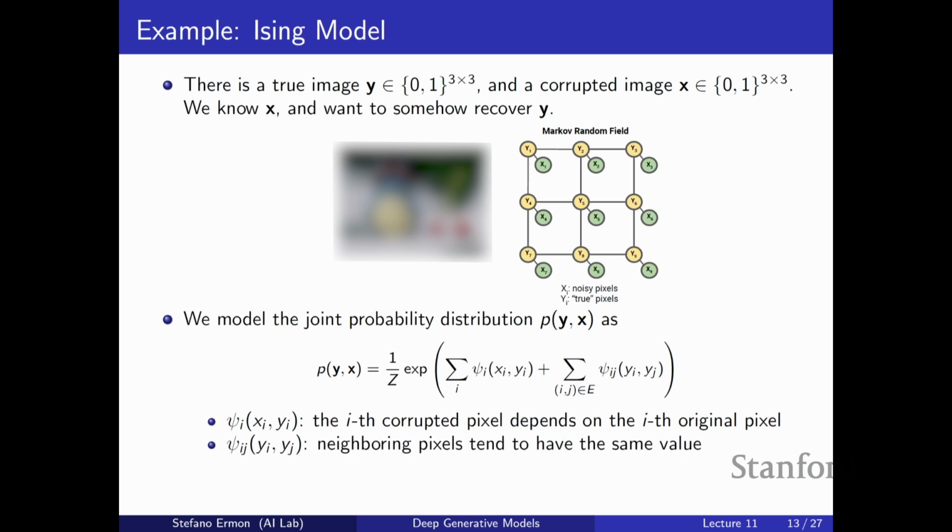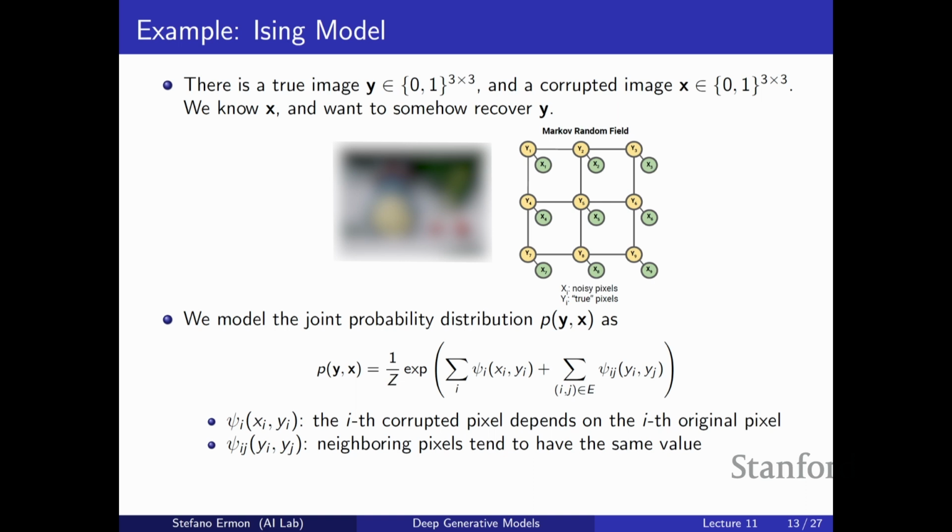And then maybe you have some kind of prior over the images that says what choices of y are more likely a priori, for example that neighboring pixels tend to have a similar value. Then you sum up all these interaction terms, one per pixel, and maybe a bunch of spatially local interactions between pixels that are close to each other in the image, and that defines an energy function.